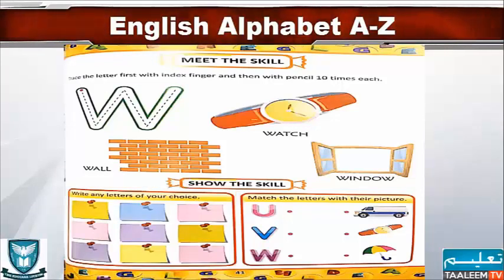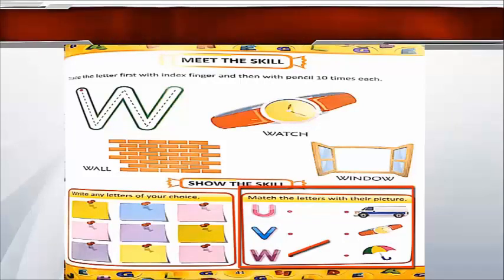Good. After completing, you can move on to the next block and match the letter with its picture. 3 letters and 3 pictures are given. One by one you can match them.